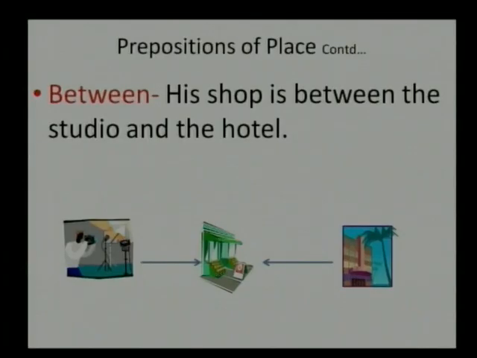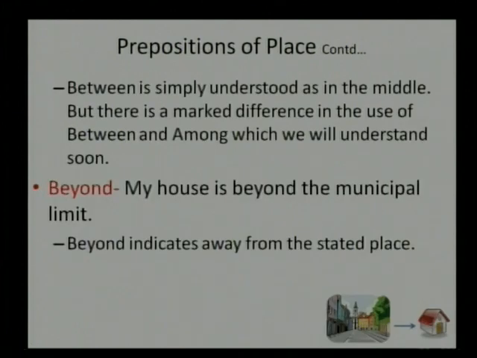But we have to be very clear when we are using between. Between is like in the middle of the two only. There are not others or many, as we say. Coming back to the screen, there is another preposition now, which is beyond.